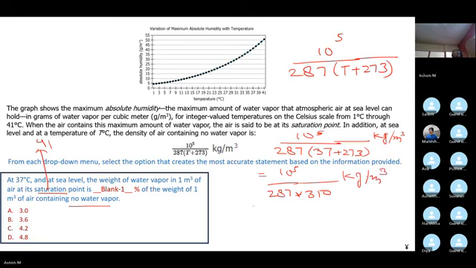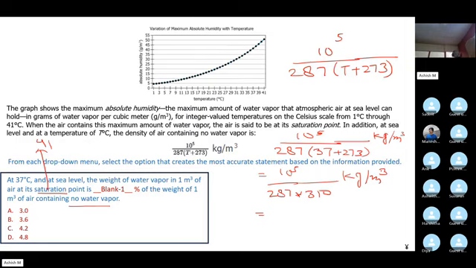Very nice. How much is this, by the way? Let me use the calculator. 10 to the power 5 divided by 287 divided by 310.